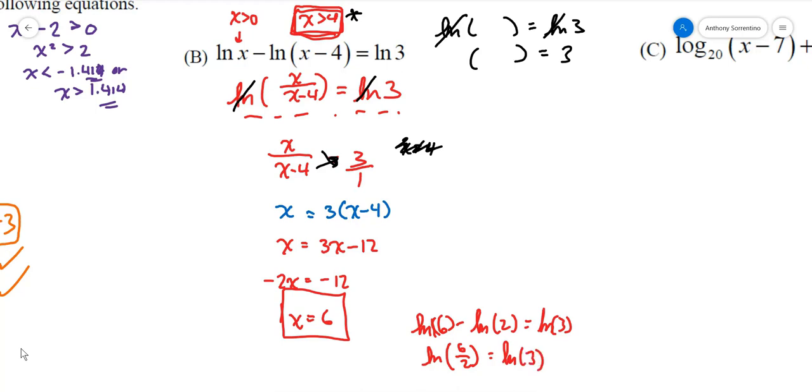And 6 over 2, of course, is 3. So I don't need the calculator to check this one in particular because I can use the property to actually help me out with that one as well. And usually the answers that are integer and base are actually a little easier to handle with that. Moving on to the last one, part C.